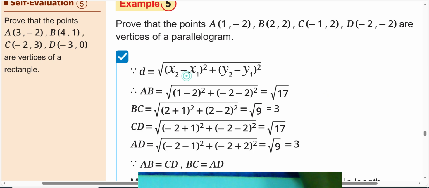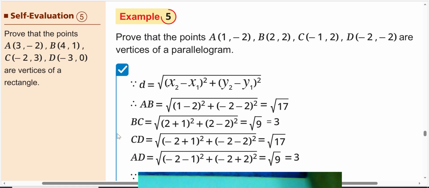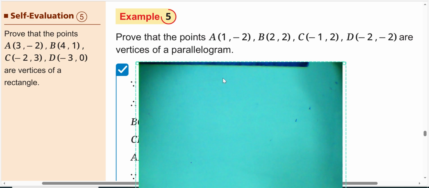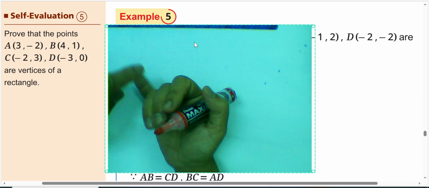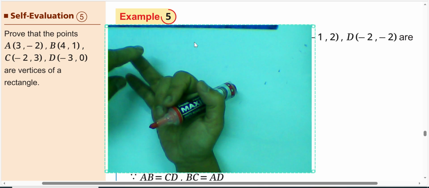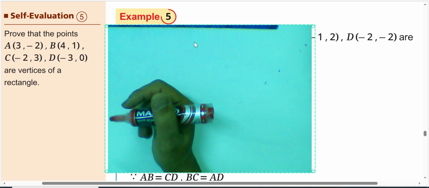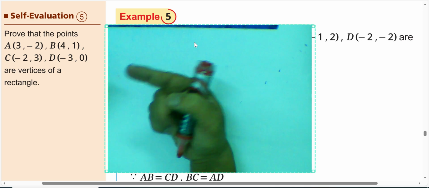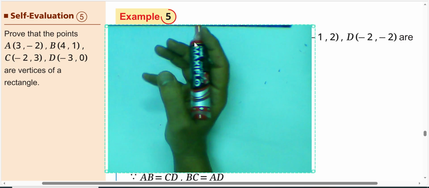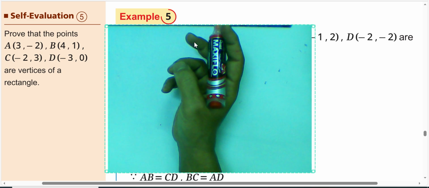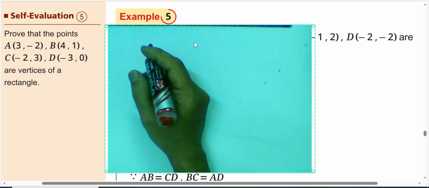To prove that it is a rectangle, first prove that ABCD is a parallelogram, and then the parallelogram will be a rectangle if two diagonals are equal in lengths.